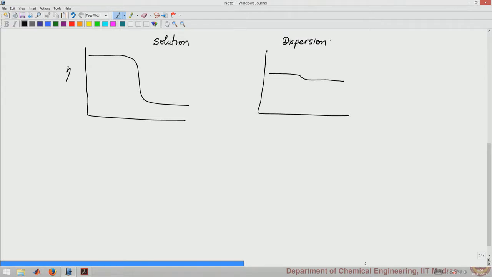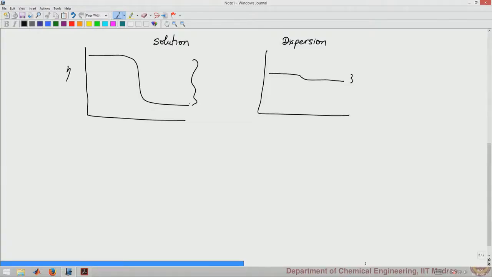So, clearly both of these systems are similar in qualitative response, in the sense that there is a Newtonian plateau at very low and high shear rates or stress, and there is shear thinning in the intermediate. But what causes this extent of shear thinning, and why is it much more in a polymer solution, and why is it so low in a colloidal dispersion?